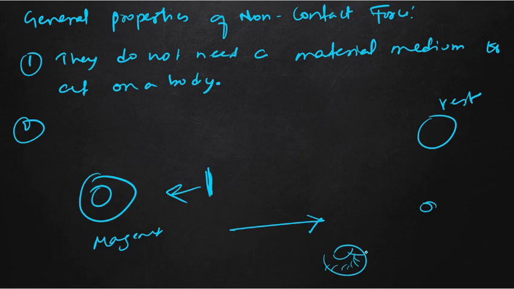Similarly, what can we do? Using the force, we can change the direction. Suppose some body is moving in this direction. If we apply a force here, obviously this ball will go in this direction. So with the help of force, we can change the direction of the moving body, or we can change the speed of the moving body. How? Suppose a car is moving.